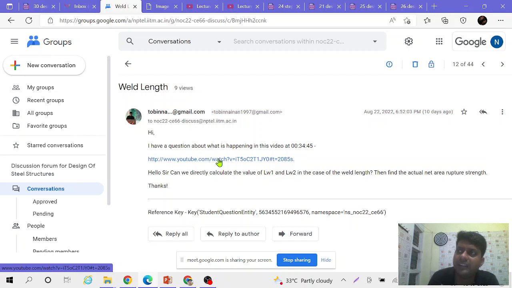There were some unnecessary calculations; without them also LW1 and LW2 can be calculated. Earlier in the PPT I have gone through this. It was about the average weld length that was taken, I think. No, not average weld length. This is not that question.